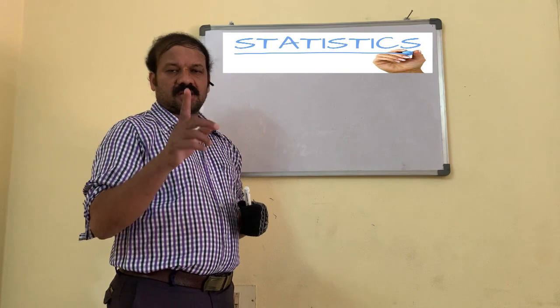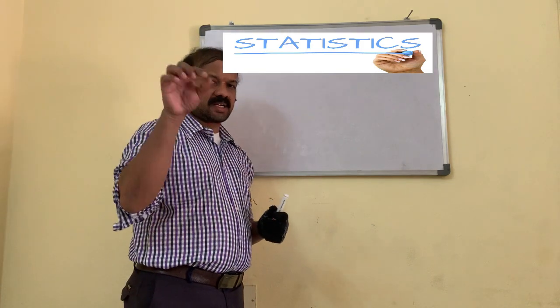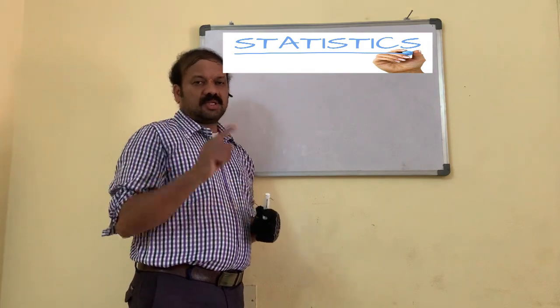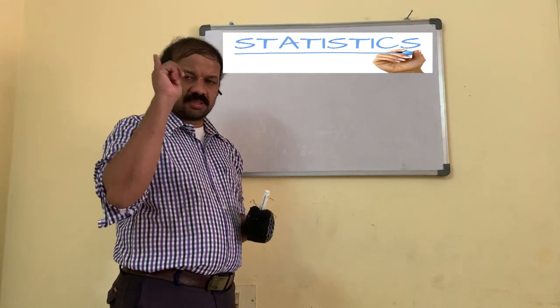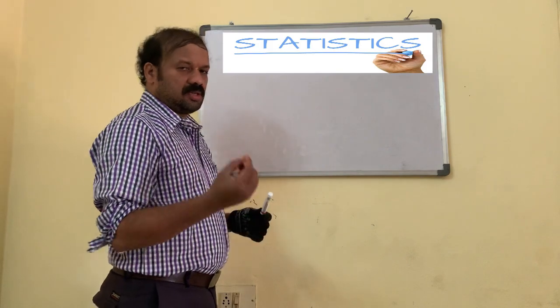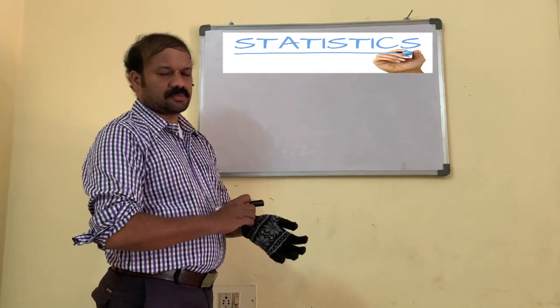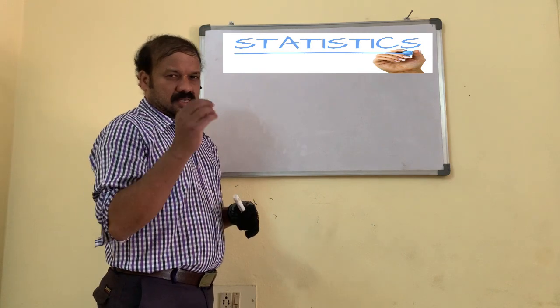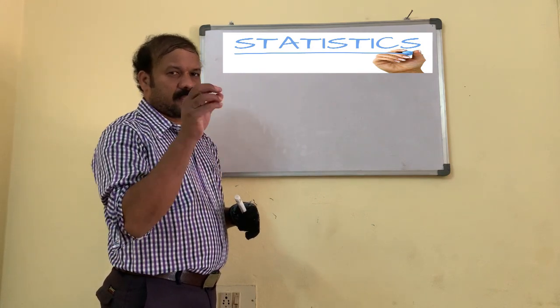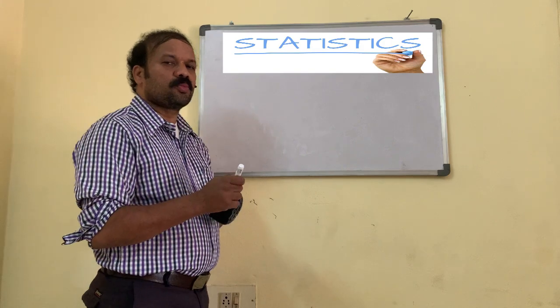Not only CBSE 10th class, after 10th, intermediate also, 2A, chapter 8. 2A intermediate chapter 8 is also similar, with a little bit of difference. Today I am saying the statistics. In this, there is grouped and ungrouped data.